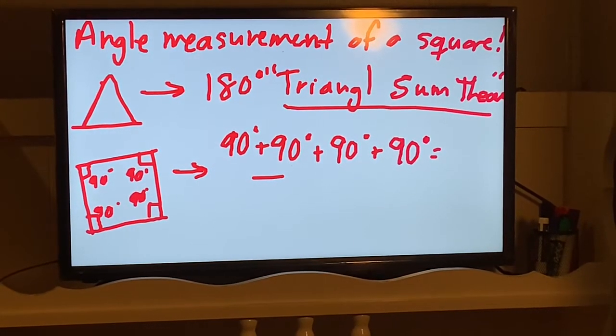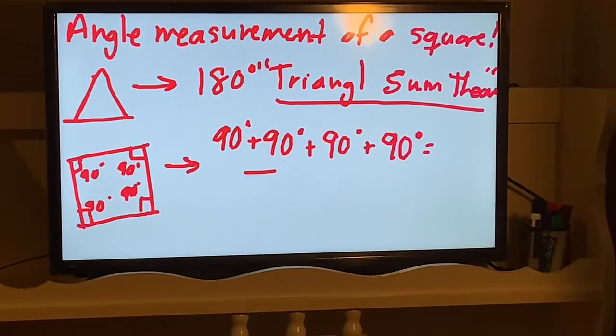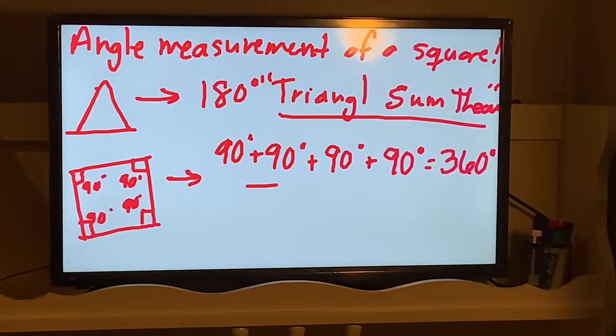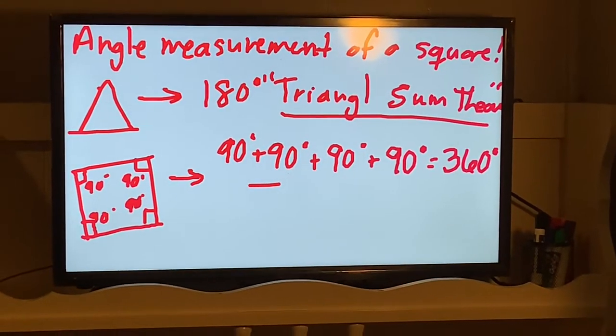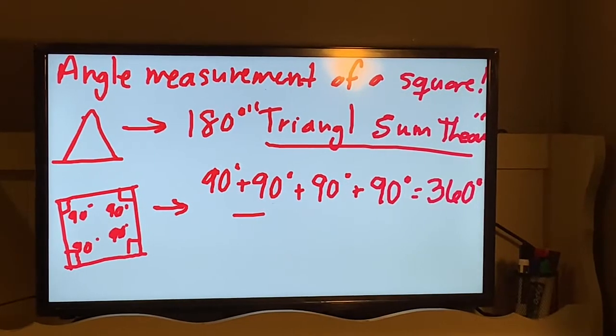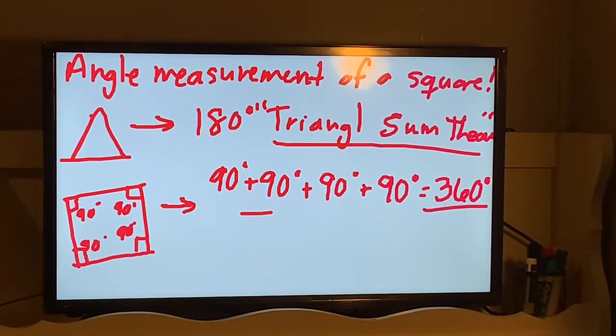If we add all of that up, and I hope you are all saying it, that adds up to 360 degrees. This one was simple, right? So the total angle measurement of a square is 360 degrees.